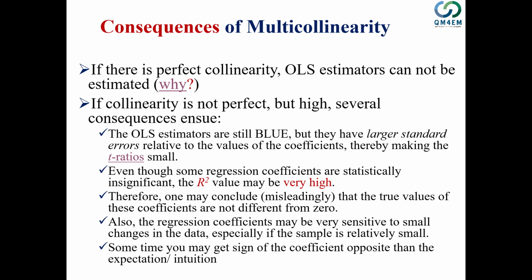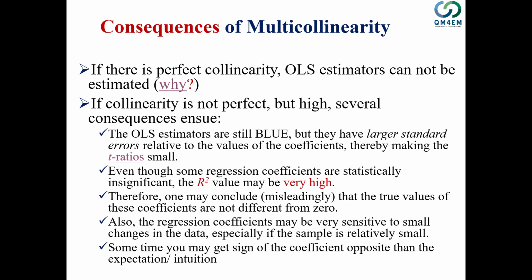And then one more, which is not mentioned in the book, but I will quote it from my own experience and some study of other books: when you have a problem of multicollinearity, the sign of the coefficient may come out opposite to what you are expecting and to your intuition.